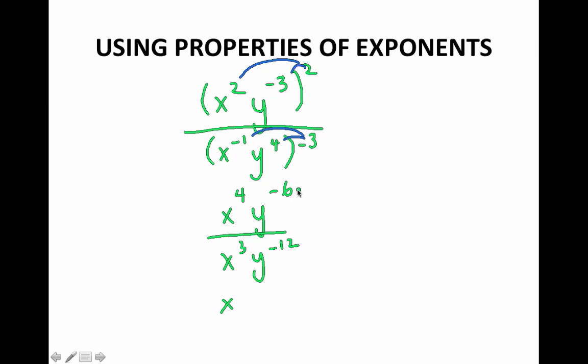I could just do negative 6 minus negative 12, which ends up being negative 6 plus 12, and that is just 6. So y doesn't actually have to move at all. It stays in the numerator because negative 6 plus 12 is positive 6. And that is my simplified expression.